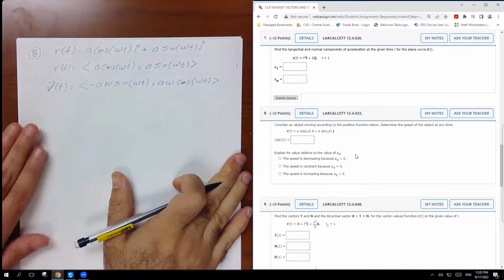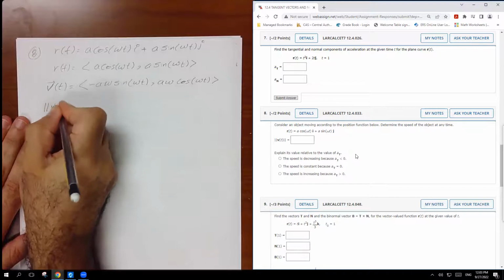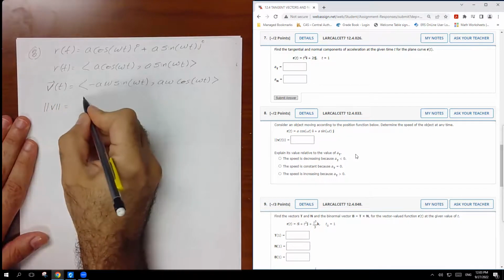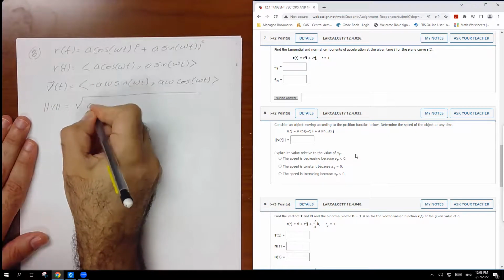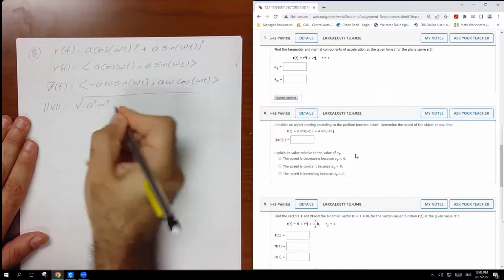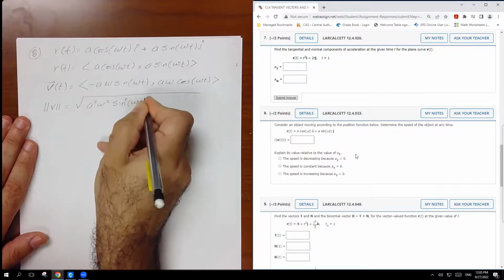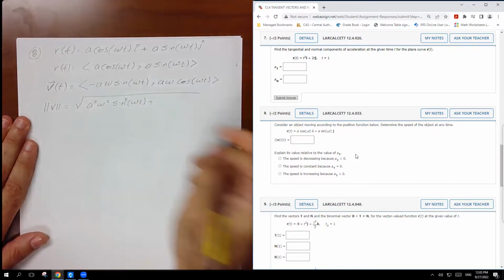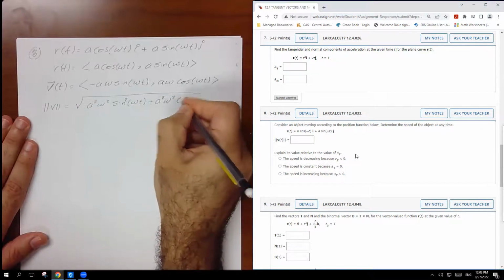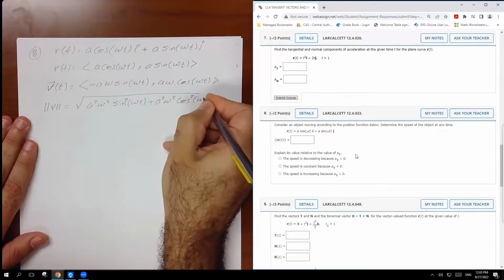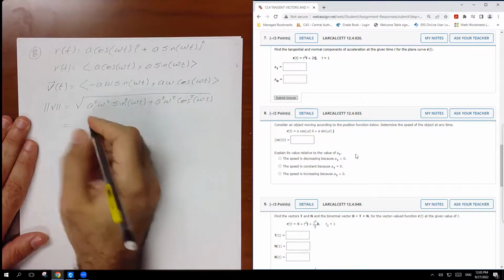So now this is the derivative. The length for the velocity is going to be the square root of this one squared. So it's going to be a squared omega squared sine squared omega t plus a squared omega squared cosine squared omega t. Let's factor out a omega.